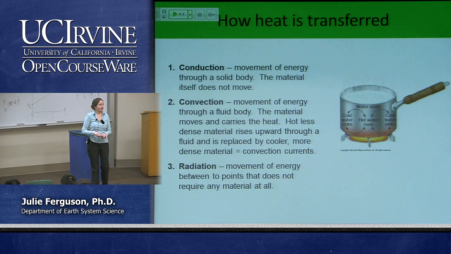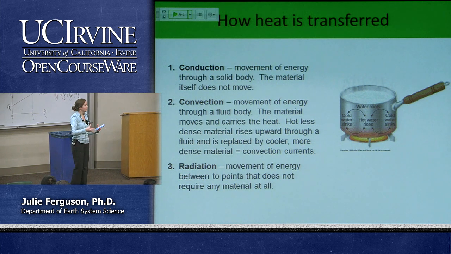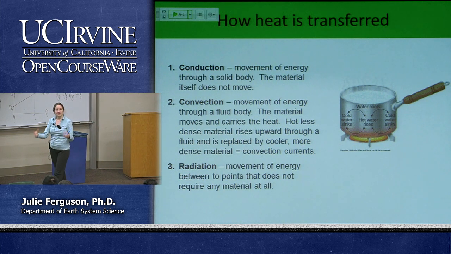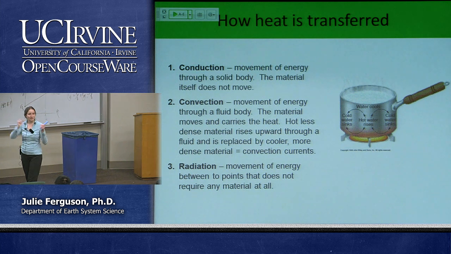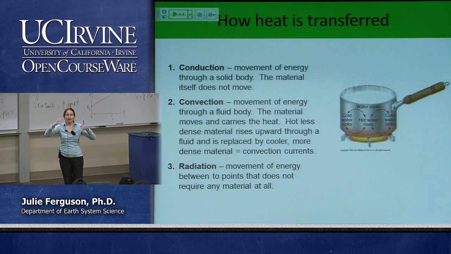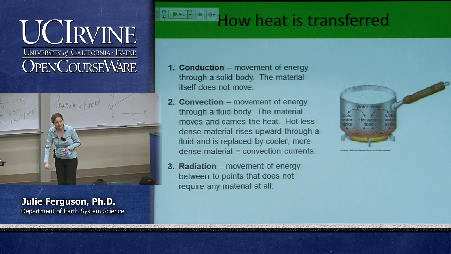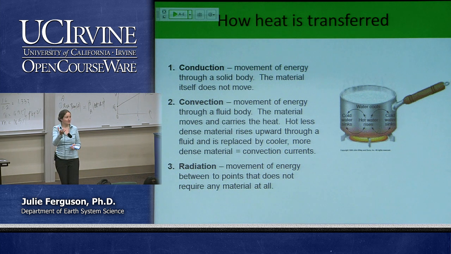And convection works because as you heat something up, so in our example, the water in the pan, as we heat that water up, those little molecules get more and more energy, and they move faster and faster, and they end up occupying more space, and they become less dense. And we know that more dense stuff will sink, and less dense stuff will rise.